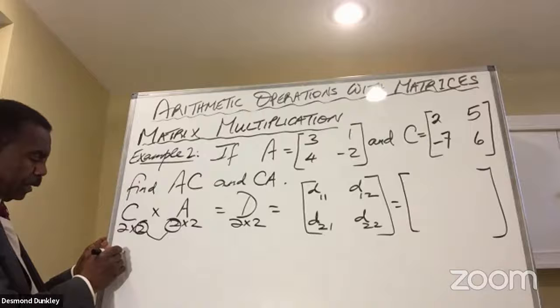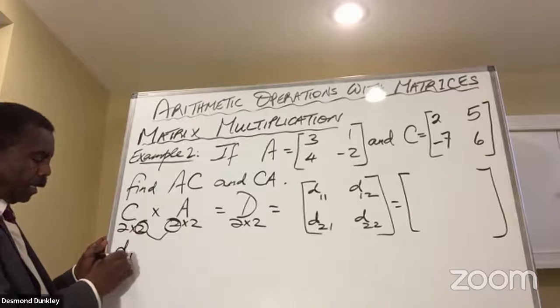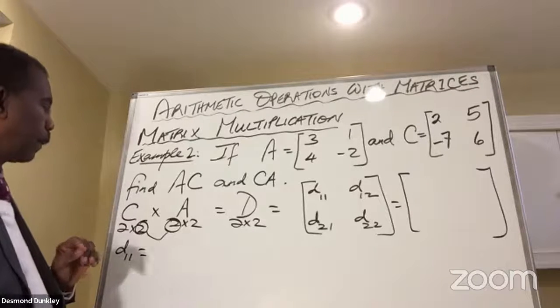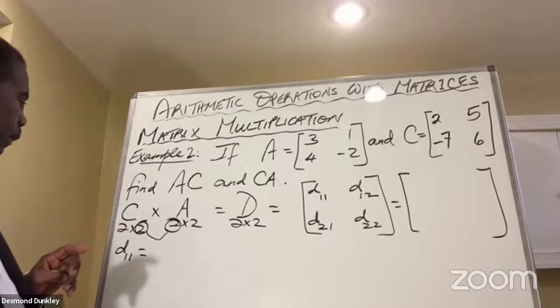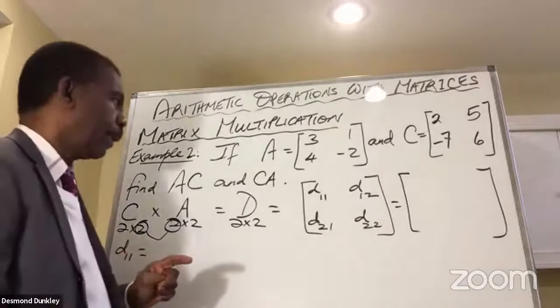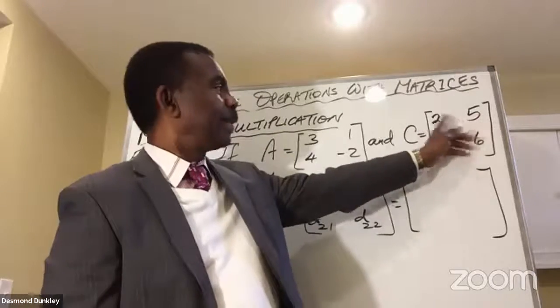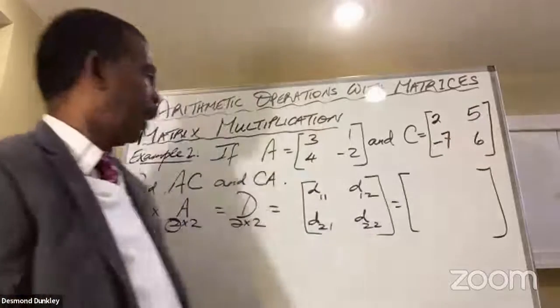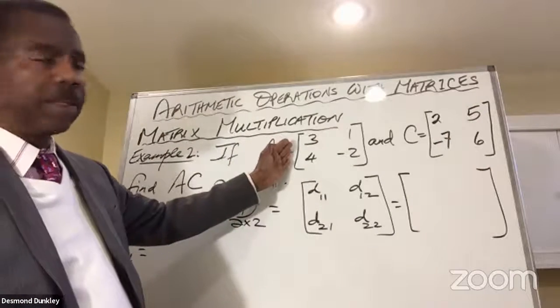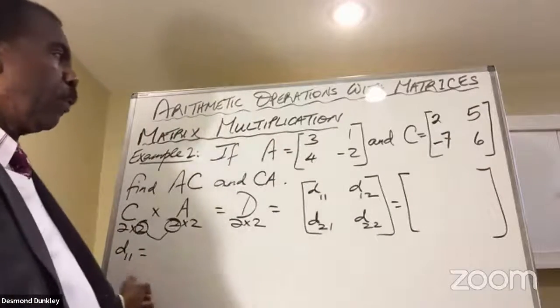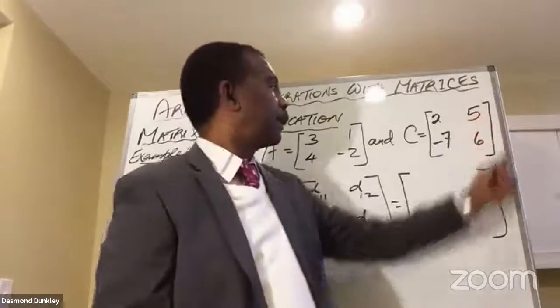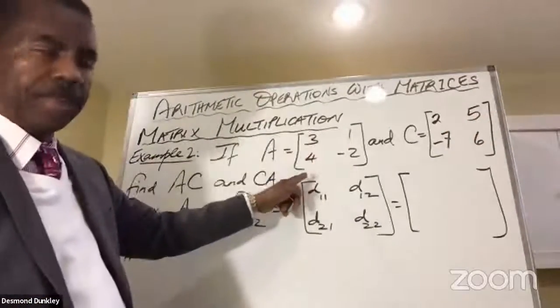So let's go. D11 is going to be equal to, so C is first, and then A is second. So it's the first row times the first column.